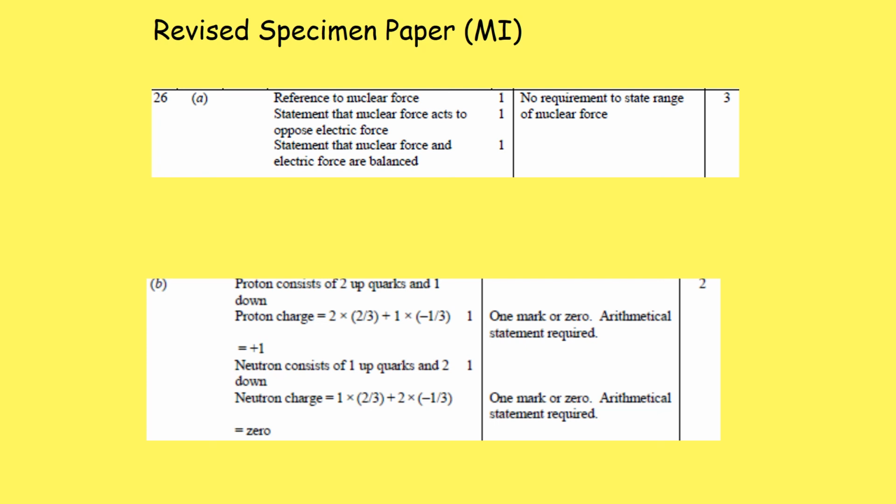But the strong nuclear force associated with the gluon is bigger and overcomes it. We get to a point when the strong nuclear force associated with the gluon is equal and opposite to the weak nuclear force, causing a balance point, at which point our nucleus is stable. And part B is as we marked.